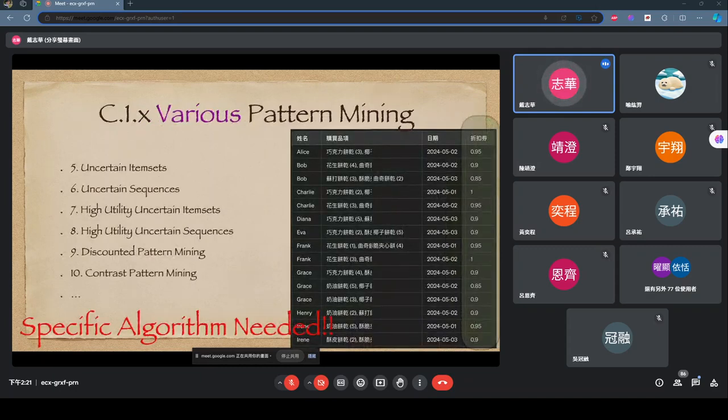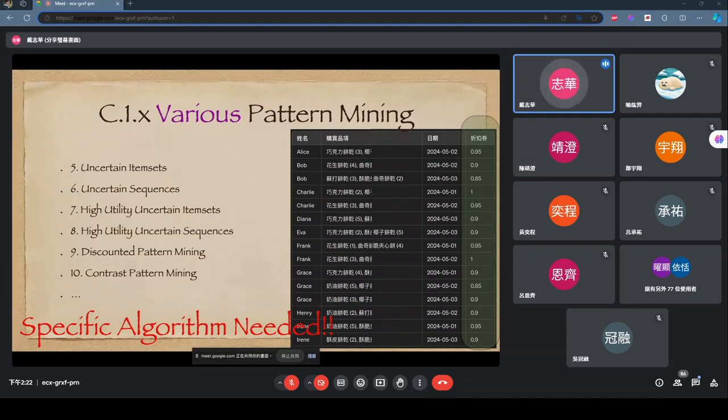Okay, and in addition to the high utility, there are also uncertain. Uncertain means, in transaction data, whether you purchased a certain item, like did you purchase chocolate? The answer is either yes or no. It's definitely happen or not happen, right? But in some situations, our observation is not a specific value.